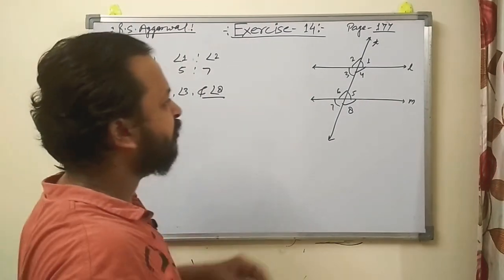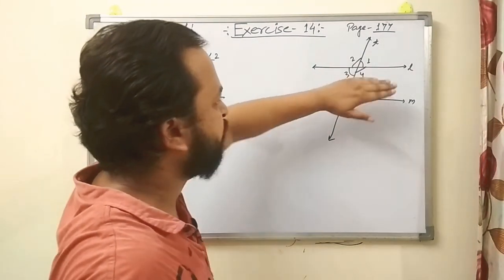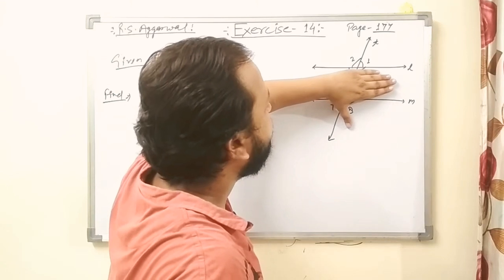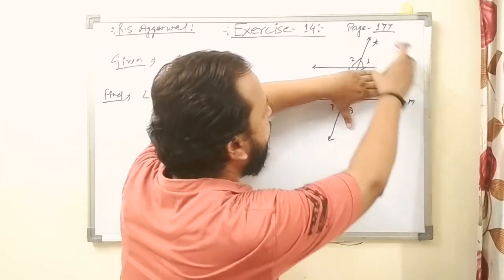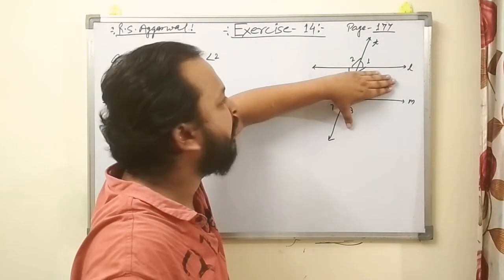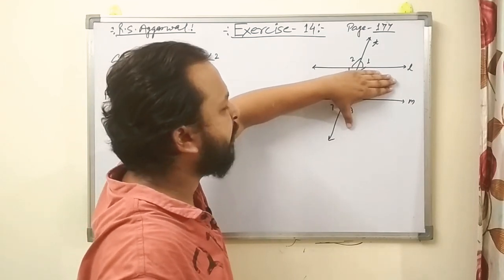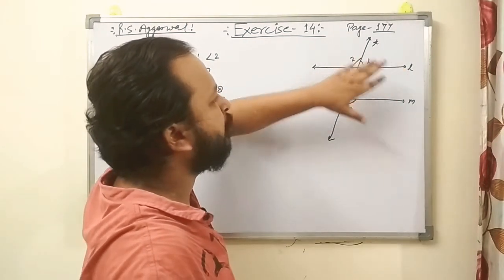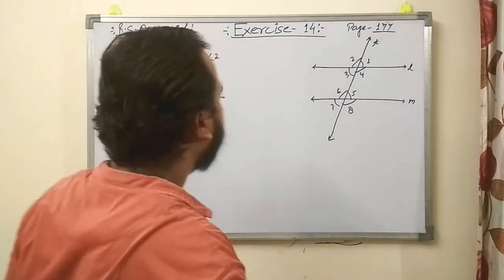So one thing you can see from this picture, right? This part means line L and T are making a linear pair of angles, right? If they are making a linear pair of angles, it means angle 1 plus angle 2 is equal to 180 degrees, right?